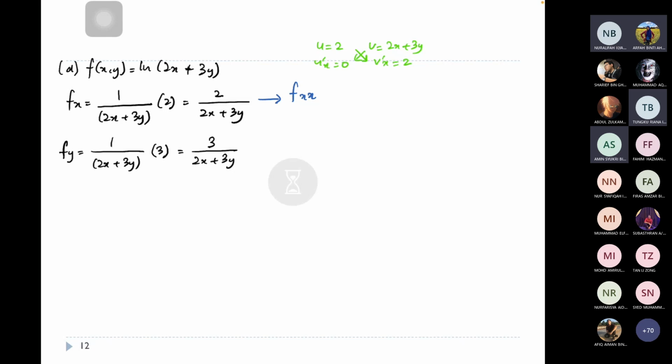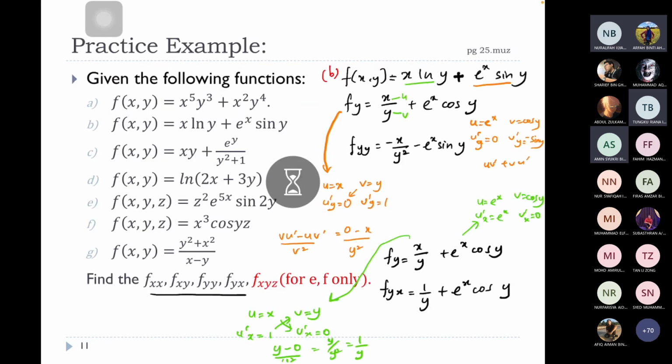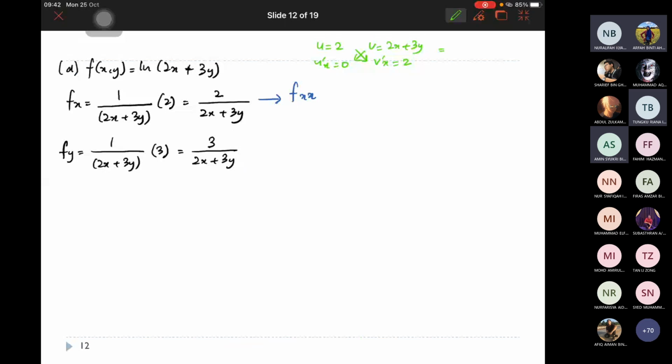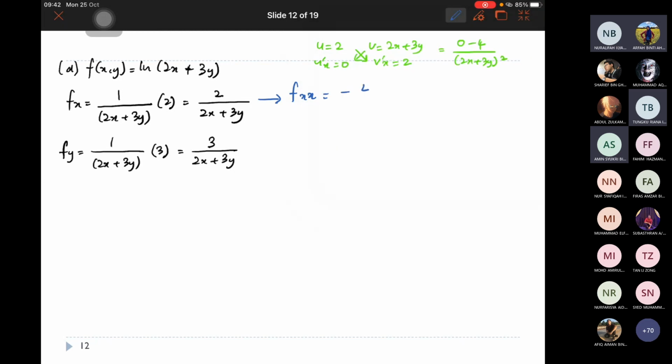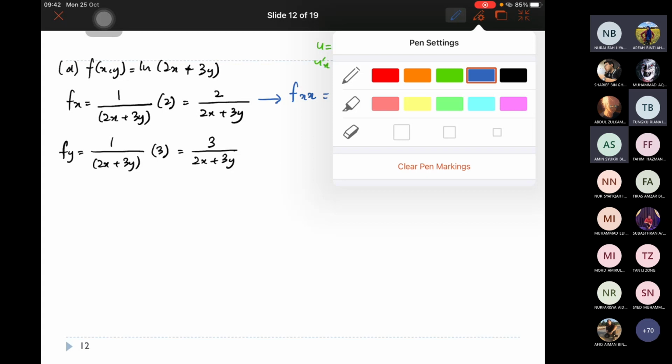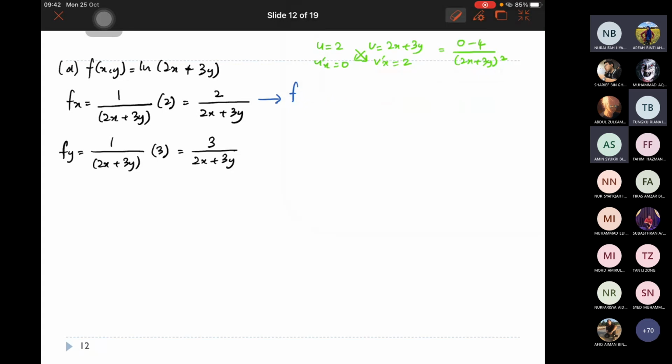V U prime equal to 0, tolak U V prime, tolak 4, bahagi V kuasa 2. 2X tambah 3Y kuasa 2. So akan dapat fxx will be equal to negatif 4 per 2x tambah 3y kuasa 2.